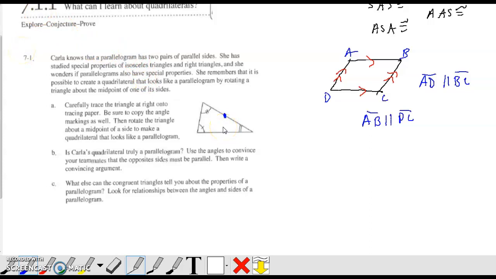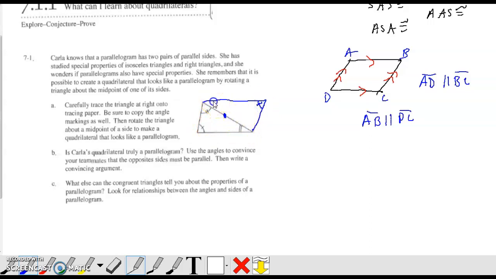All right, so again, we're going to visualize rotating it. If we rotated this and created a second triangle, probably something like this, this angle right here would match up perfectly to right here.